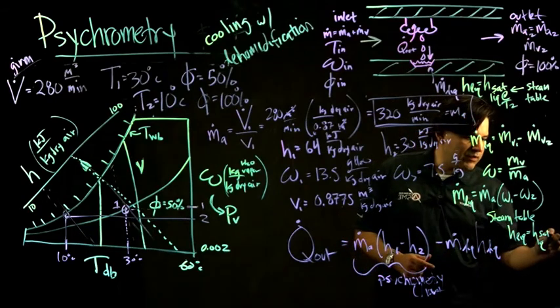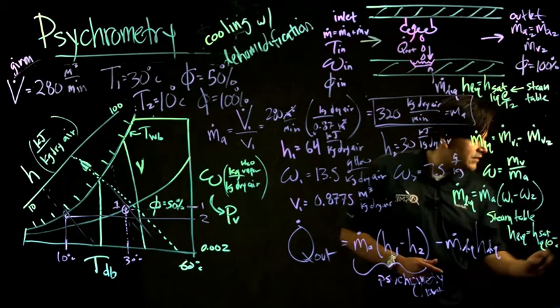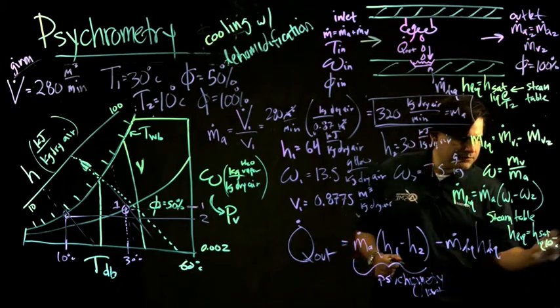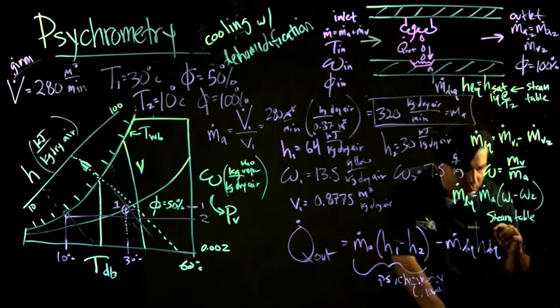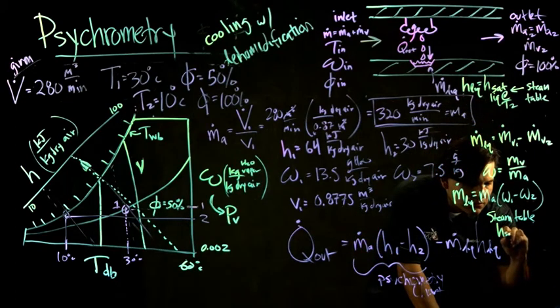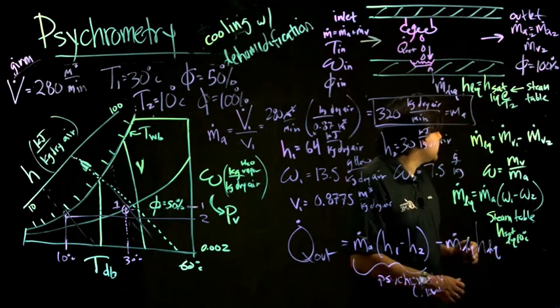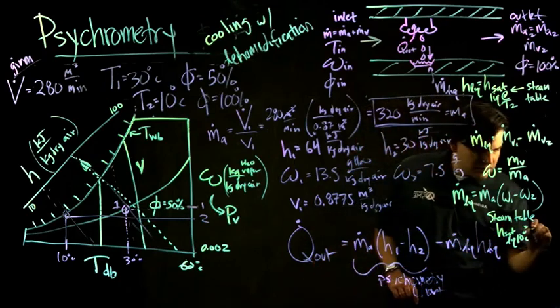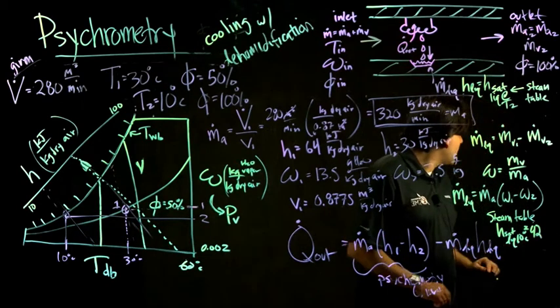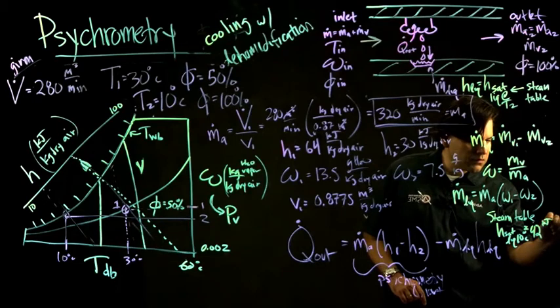Yeah, saturated liquid at 10 degrees Celsius equals 42, I believe, per kilogram of water.